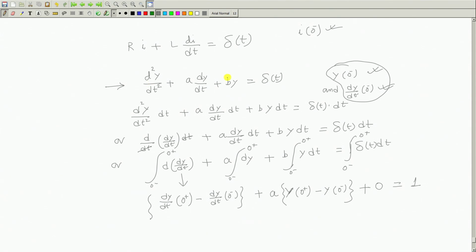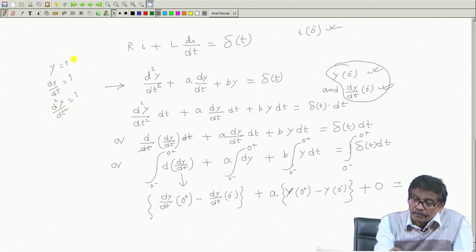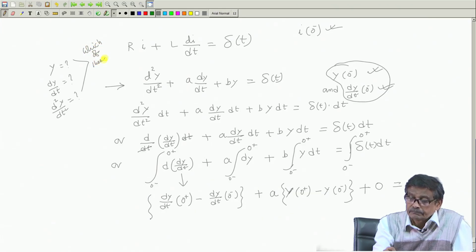Which of this quantity, is it y, is it dy dt, is it d2y dt2, which of these will have step change? Which of these?